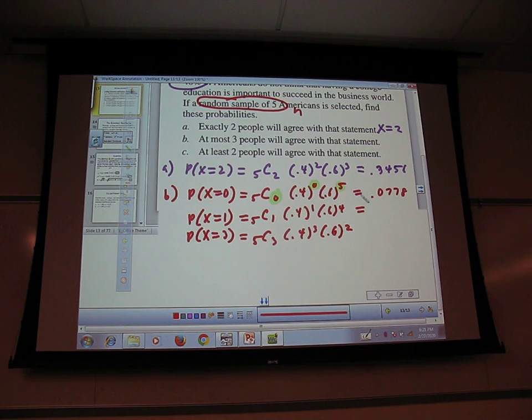And then, Allie, what'd you get for probably X is 1? 0.2592. And last one, Ujwala, what'd you get for probably X is 3? 0.3456. No, X is 3.